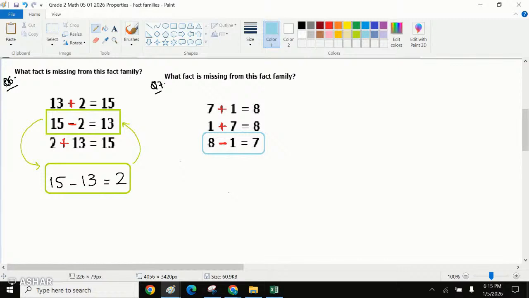Looking at the negative statement, it says 8 minus 1 was equals to 7. Then the other negative subtraction statement should be, we simply interchange the smaller numbers.